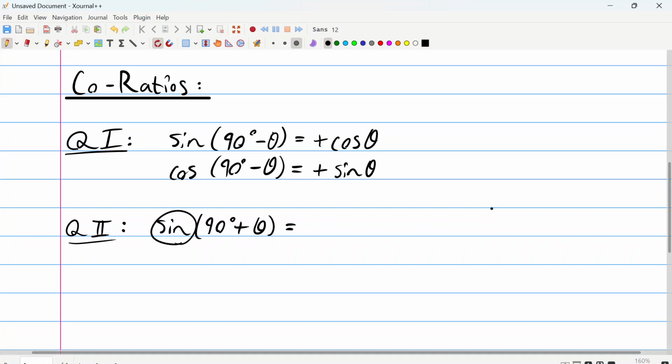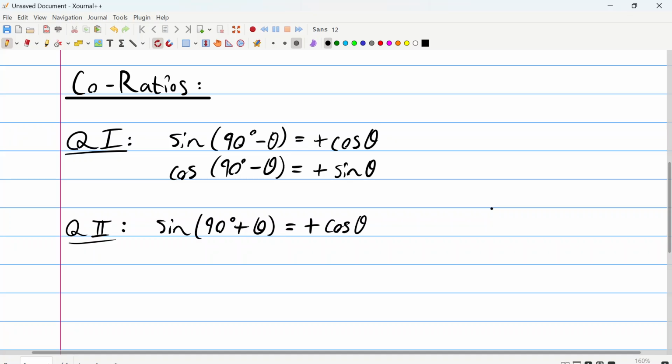And notice that it is already sine. So meaning we deal with the plus sign first, and then we deal with the changing. Remember, it's not going to be negative just because it's going to change to cos, but we usually think about the original first before we change it.